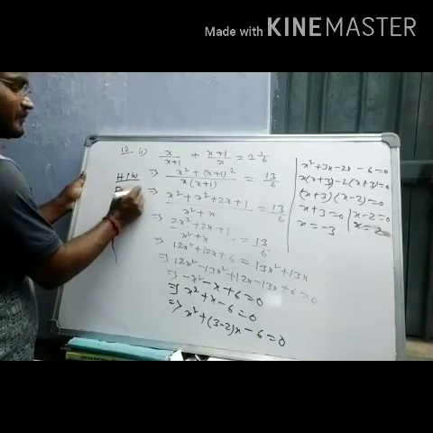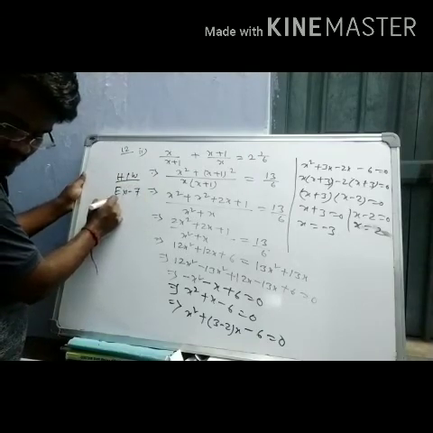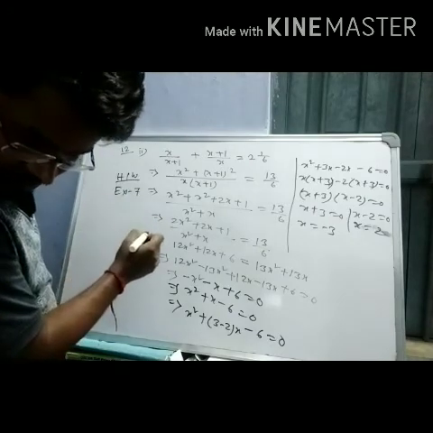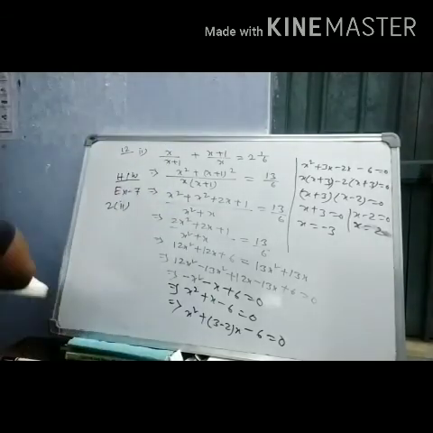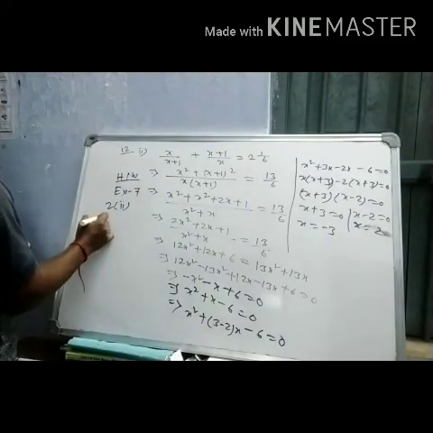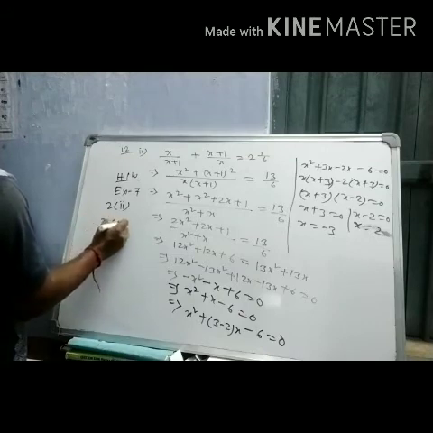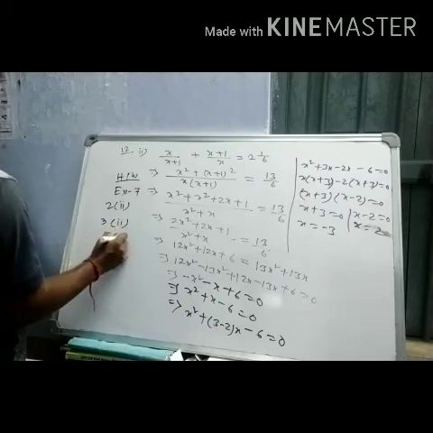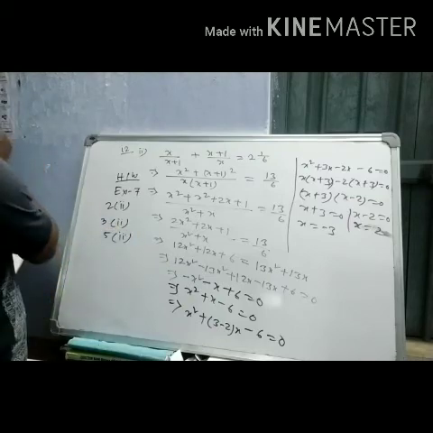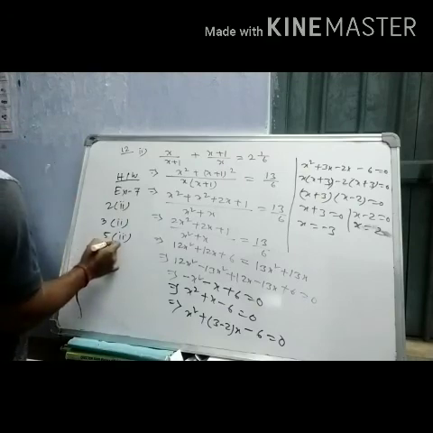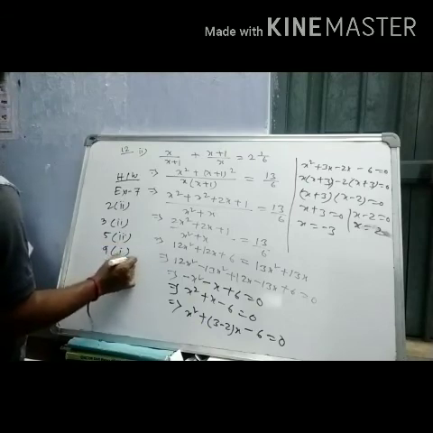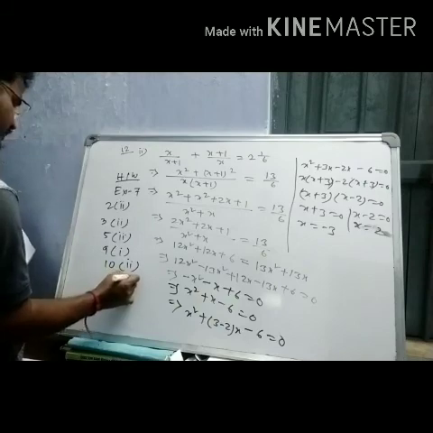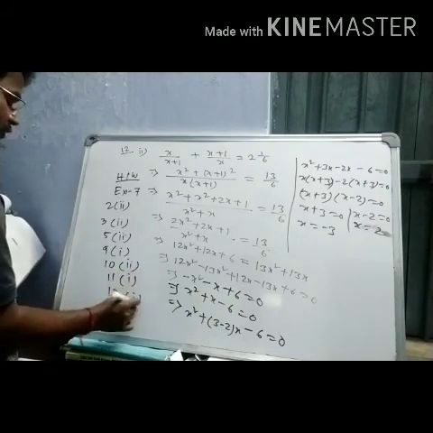Exercise 7: 1, 2(2), 2(2), 3(2), 5(2), 9(1), 10(2), 11(1), 12(1). These are the homeworks.